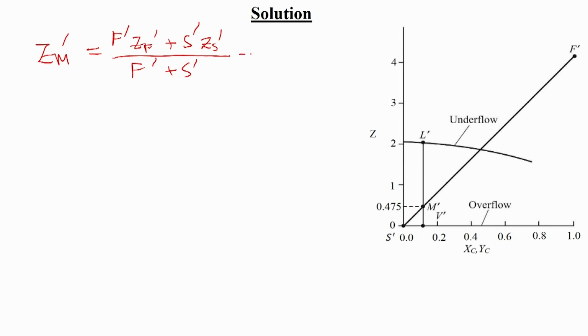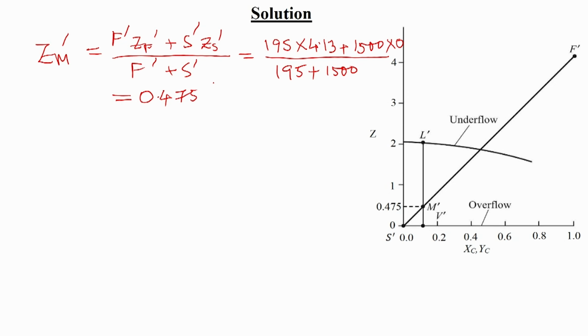So it will be 195 into ZF prime, which we got as 4.13, plus S prime, that is 1500, into ZS prime equal to 0, divided by 195 plus 1500. Okay. So it is coming out as 0.475.